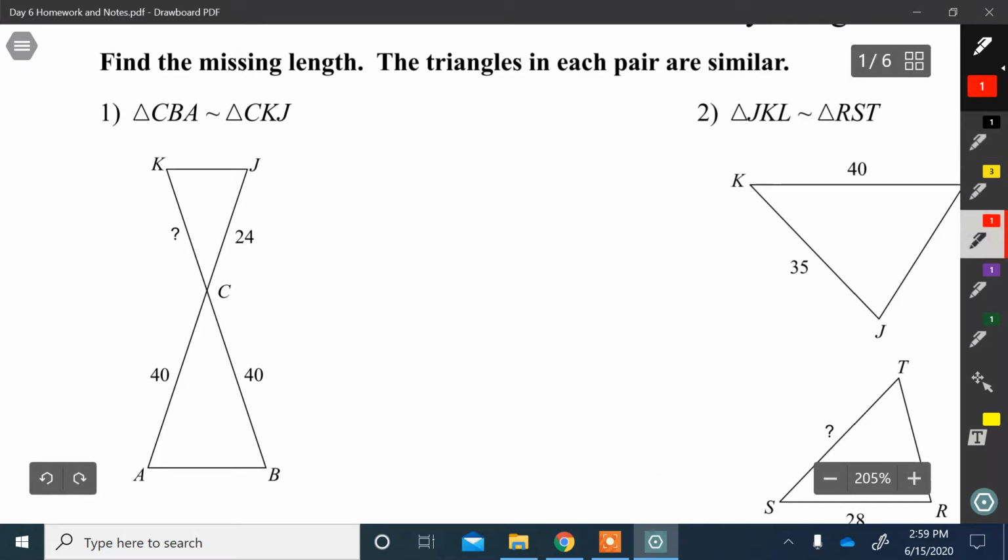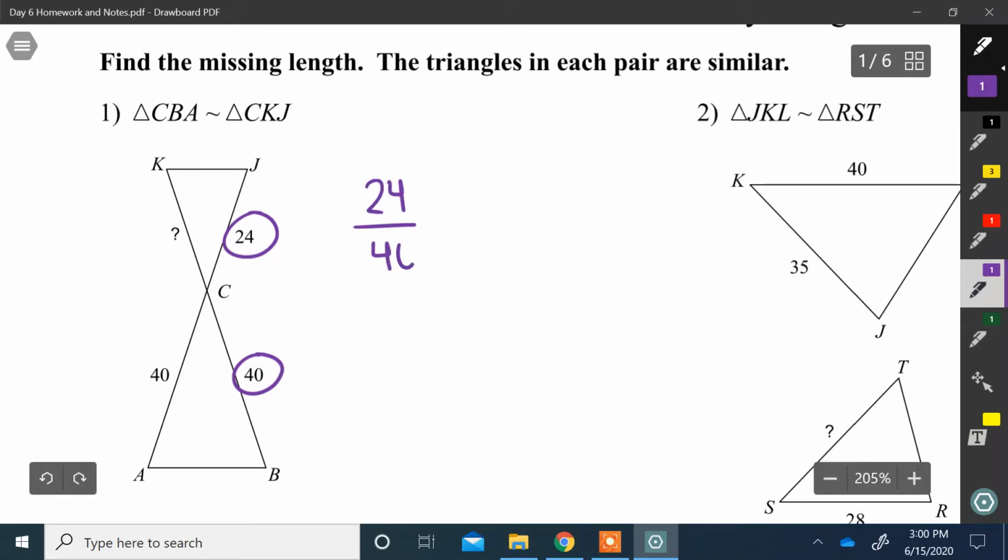Number one is pretty easy. You'll see why in a second. They're saying that those two triangles are similar. Okay? They are similar. So this one, since they're similar, and 24 is over 40, remember that similar triangles are proportional to each other.